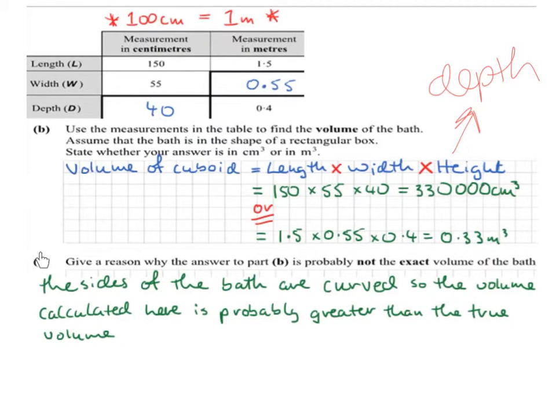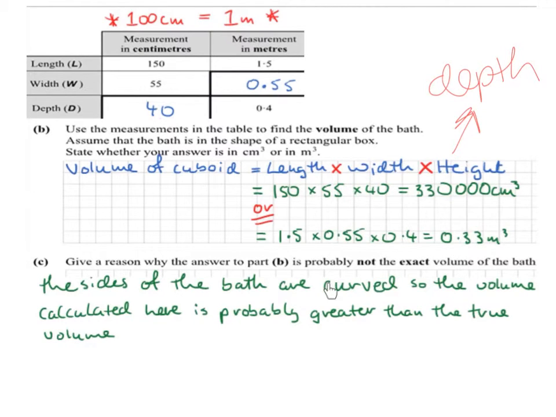Part C. Give a reason why the answer to part B is probably not the exact volume of the bath. Well, the sides of the bath are curved, so the volume calculated here is probably greater than the true volume. Everyone knows that if you sit into a bath, it's not exactly rectangular in shape. There are no corners in a bath.